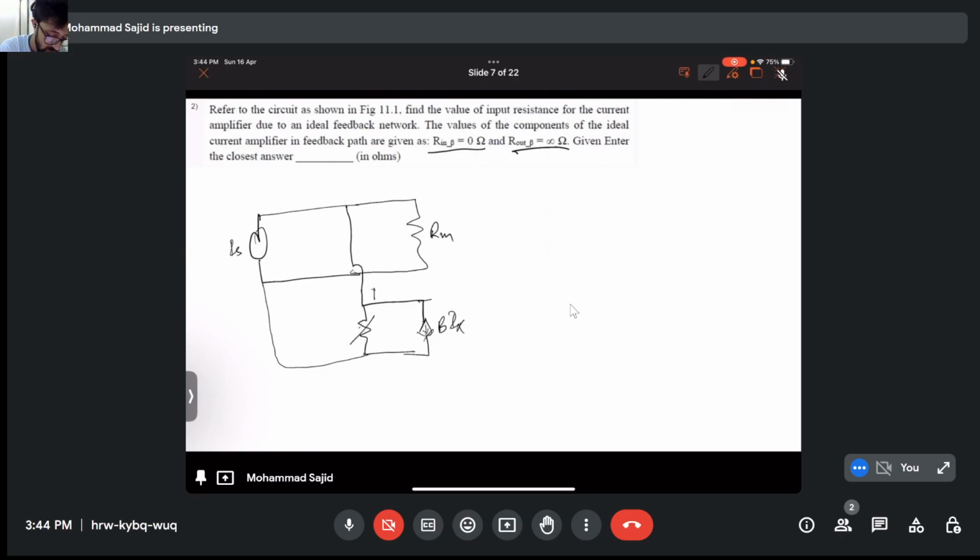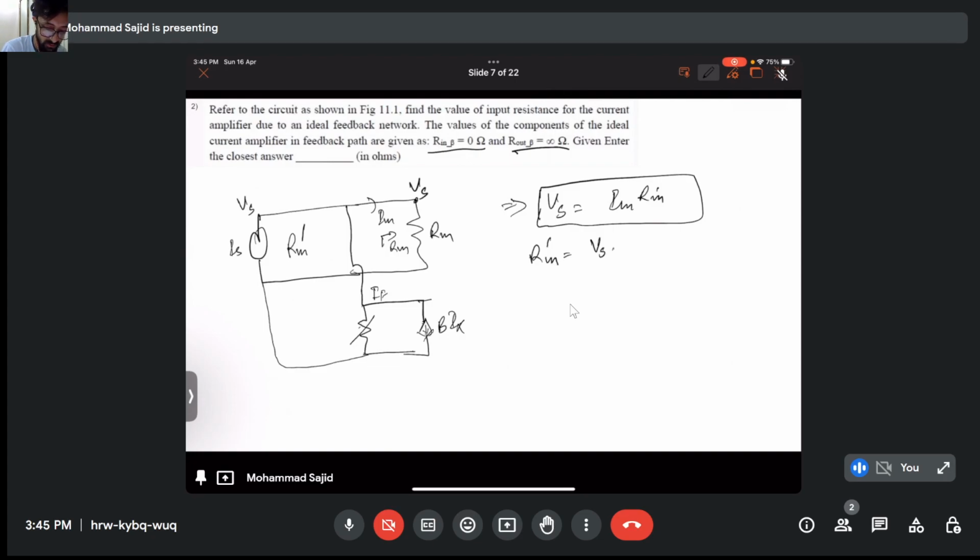This is IF, this is Rin. Let's call it Vs. And my Vs is In Rin. Now we have to find this resistance, Rin dash. That will be given by Vs by Is. So my goal is to find Vs by Is, right?